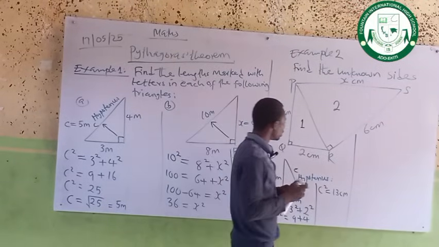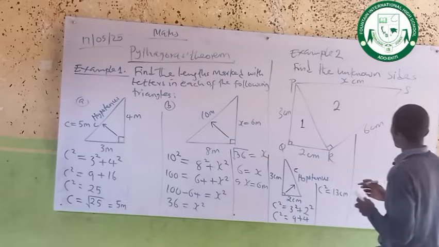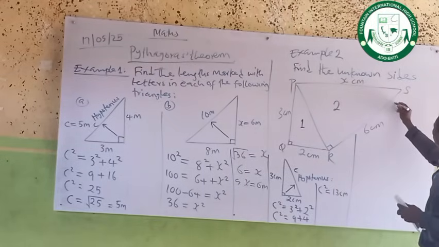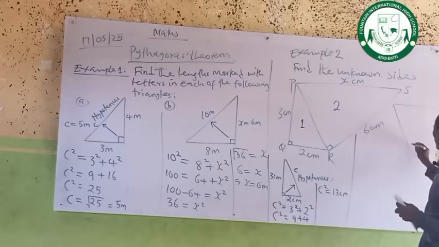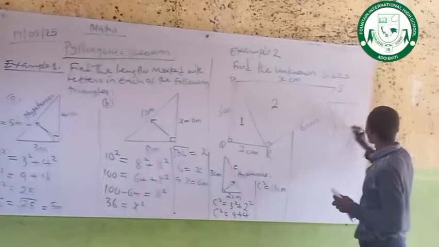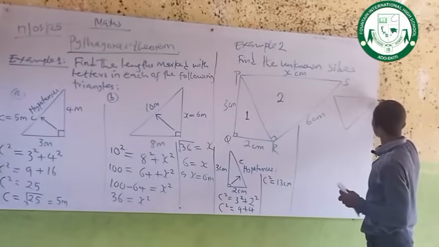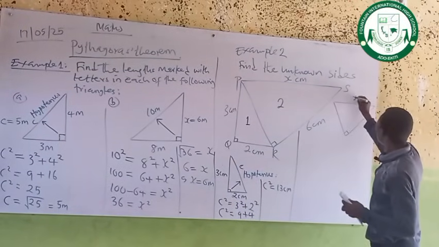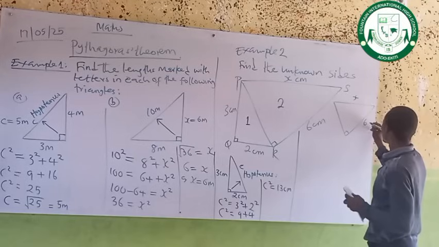Now let's look at the second triangle here. Triangle 2. Let me draw it here. This is what we have in the second triangle. This place is x, this place is 6 centimeter.